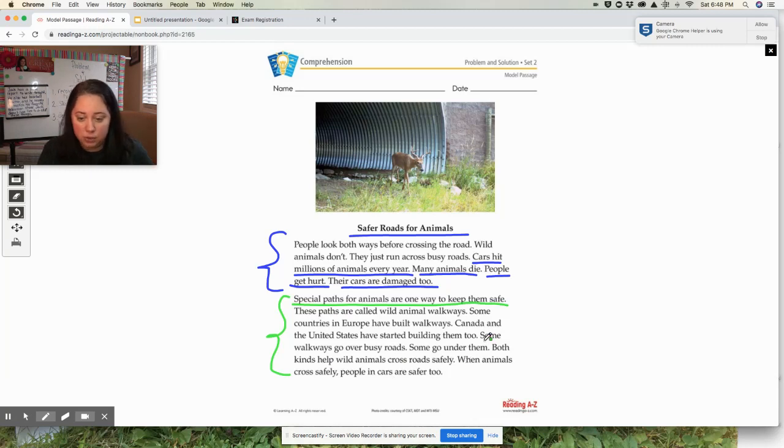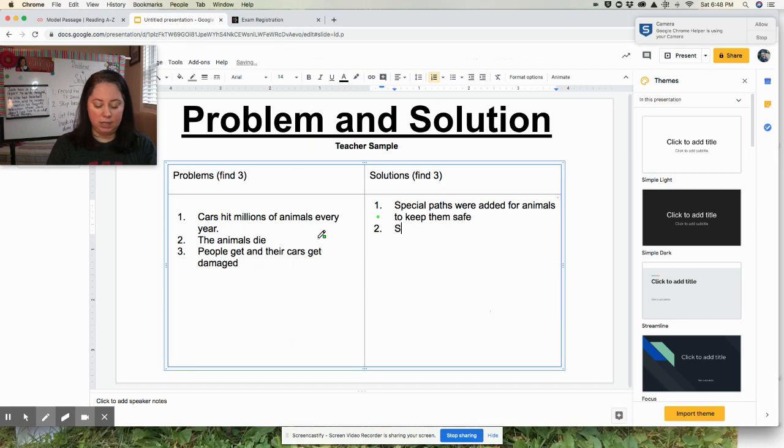So here, some walkways go over busy roads. So some are like bridges that go over highways, and some go under like a tunnel. Wow, that's very interesting. So some walkways go over busy roads.